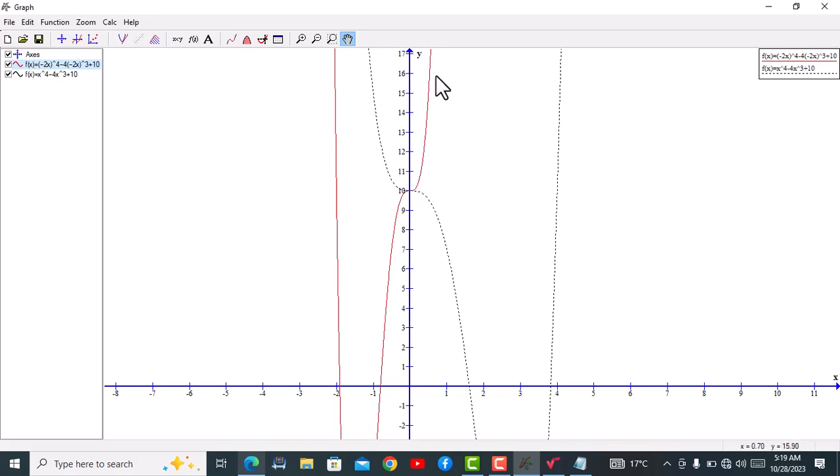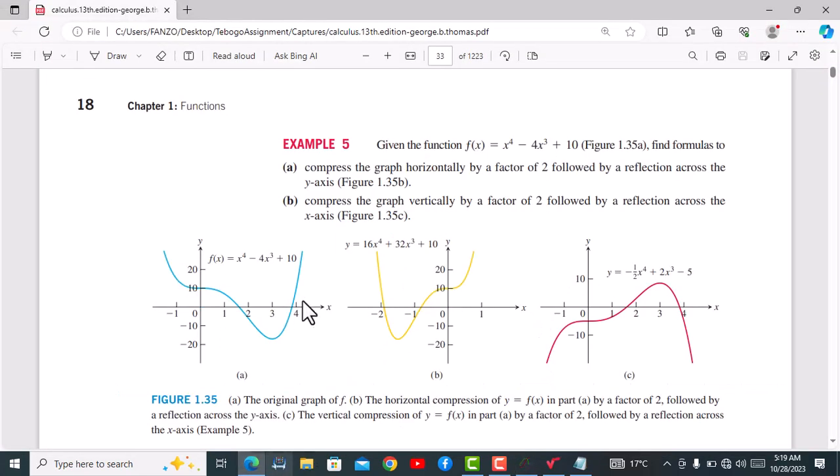Reflection along the y-axis, yes, there it is. It was on this side originally, then it is on this side. So the function was reflected along the y-axis. We are so grateful to Thomas for giving us these examples, showing us how things should be done. So compression horizontally, you are adding in x, and then you are reflecting along the y-axis.